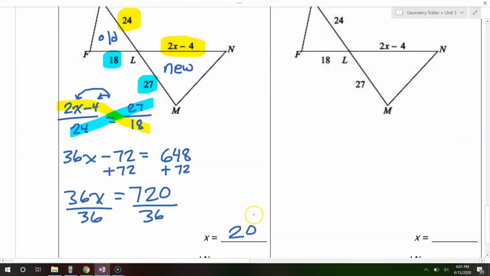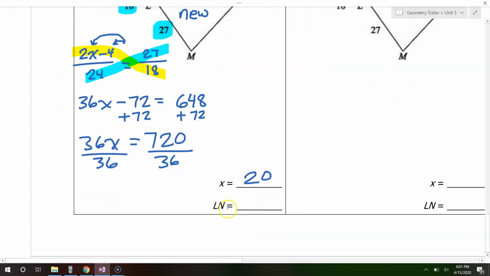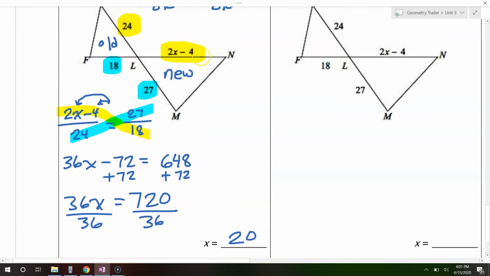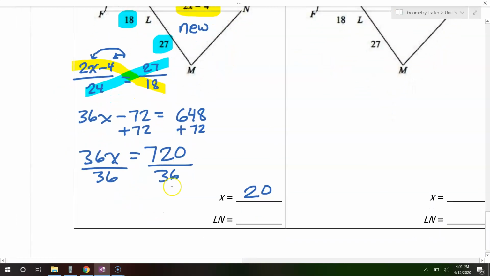But this time I won't make the mistake that I made a minute ago. There's another step. We need to find LN. LN is the expression 2x minus 4. So if I do 2x minus 4, that's 2 times 20 minus 4. 2 times 20 is 40, and 40 minus 4 is 36.